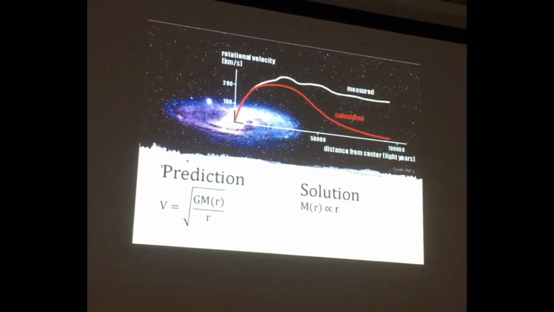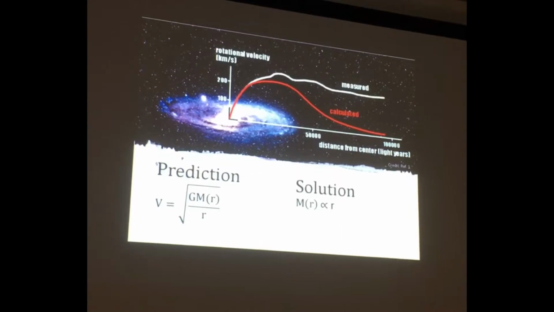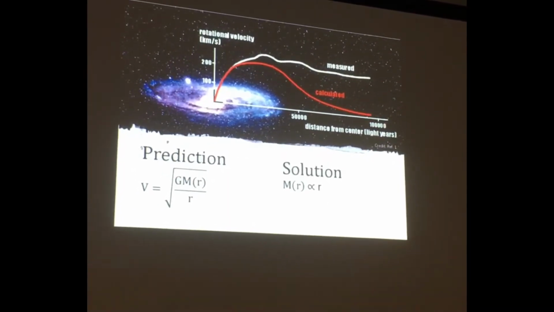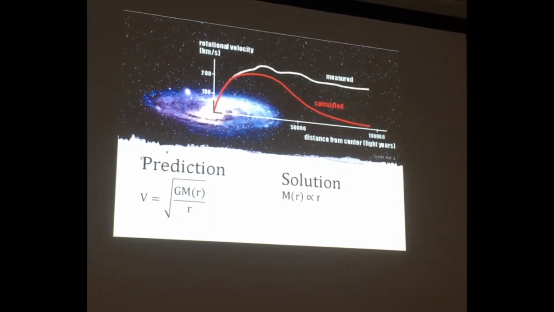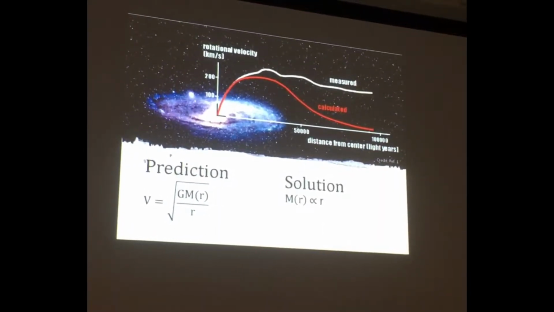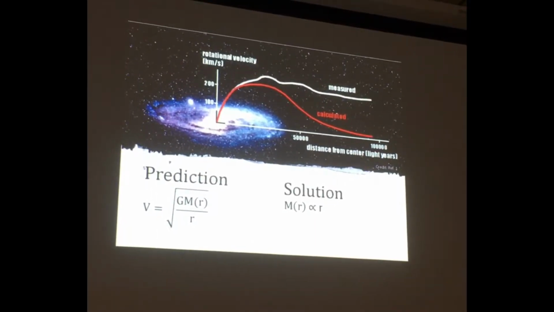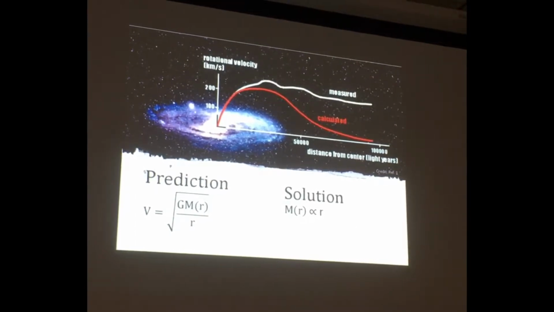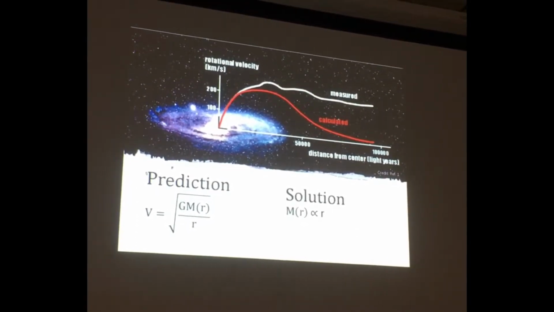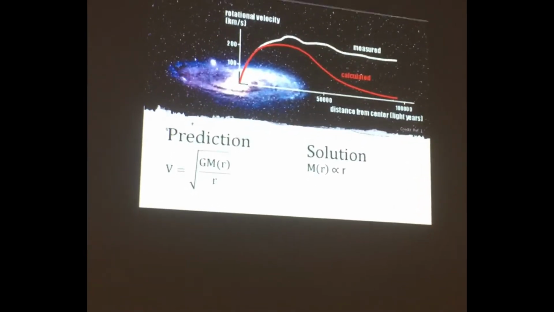But what we measure is these flat rotation curves. And this discrepancy between these two curves, a solution is to say that this galaxy is immersed in hidden matter that provides extra gravitational attraction that sustains these orbits at these high velocities and large radii. And so this hidden matter is called dark matter.